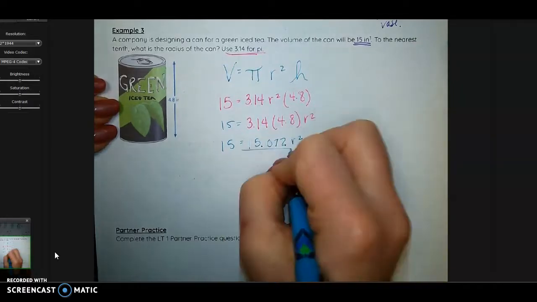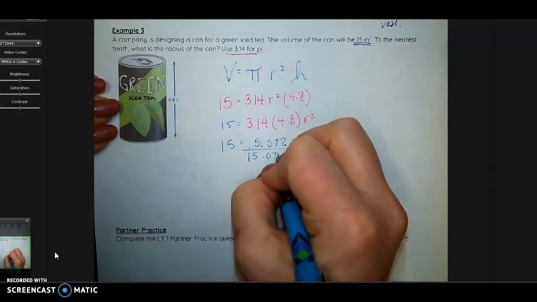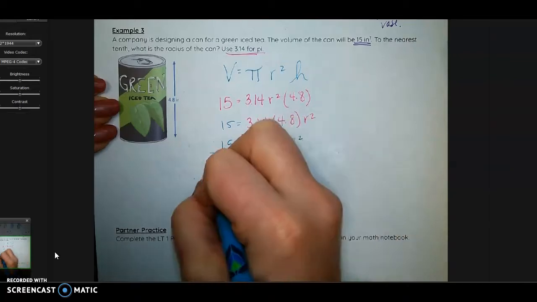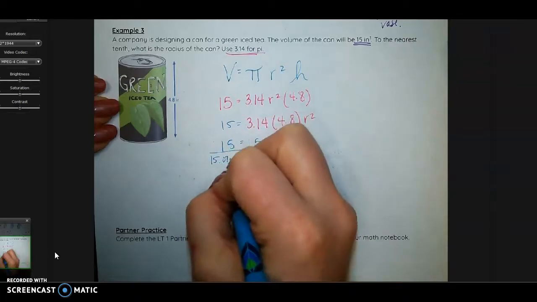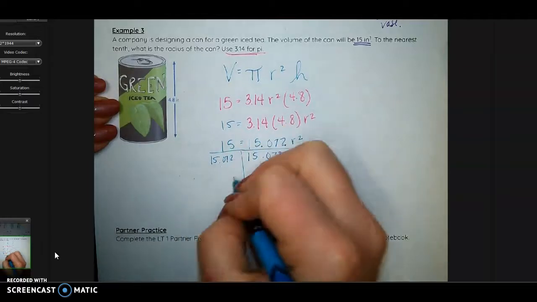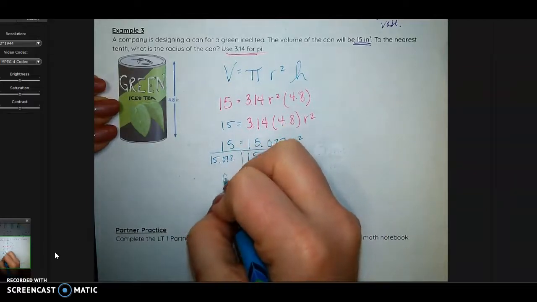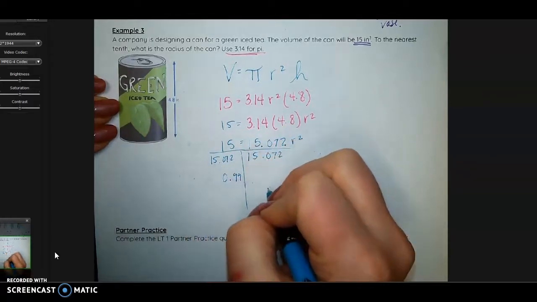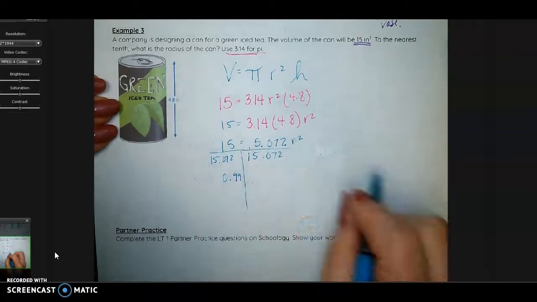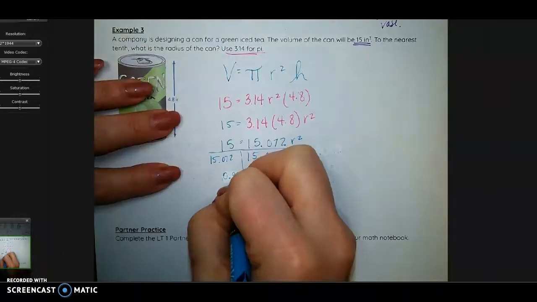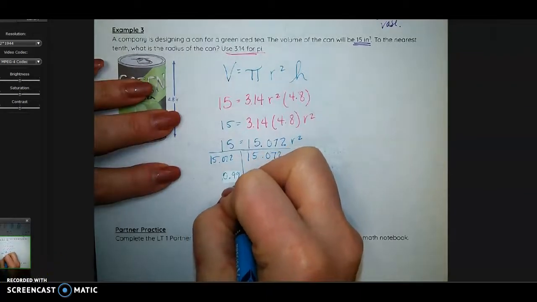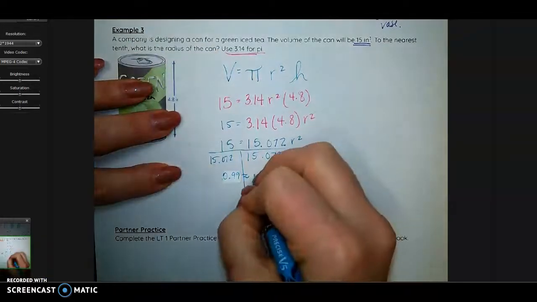And I'm going to divide by that 15 72,000ths because I am multiplying by it to start with. That means I'm going to get approximately 99 hundredths. It's a big long decimal if you do it on your calculator.